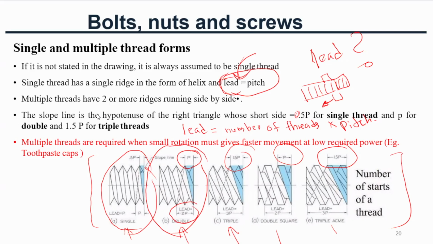A good example is a toothpaste cap. We need to remove this cap suddenly, immediately. Some bottle lids we need to release immediately, so they should have a quick release mechanism.